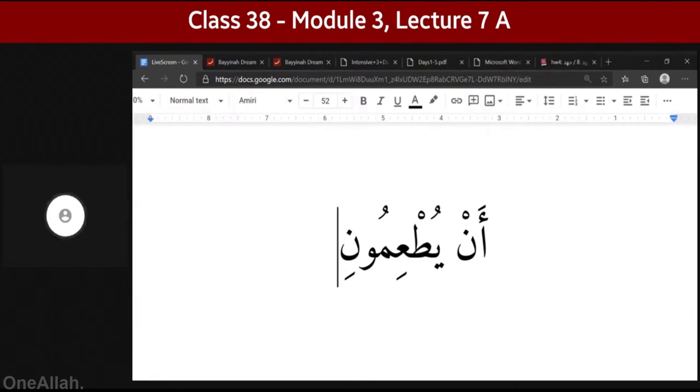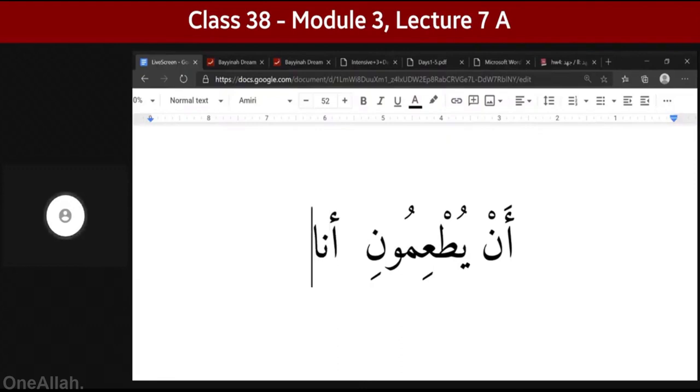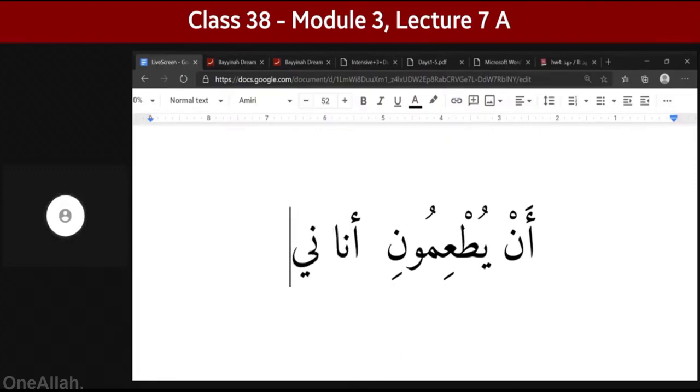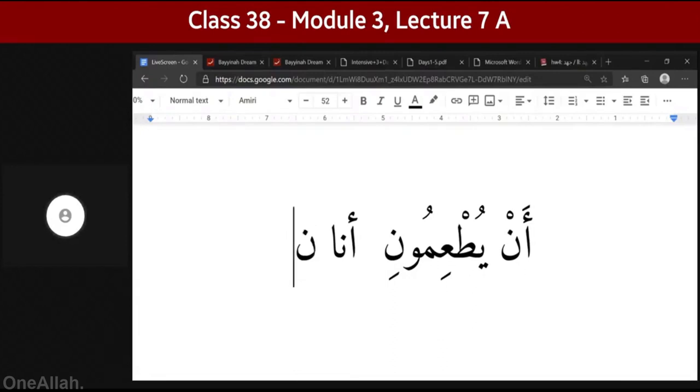But what's actually happening here is we learned before that the pronoun ana, when you attach it to something, becomes ni, right? Sometimes when you have the pronoun ana attached to something, you'll also see it as ni, but without the ya. So it's just ni. And that's what's happening here.